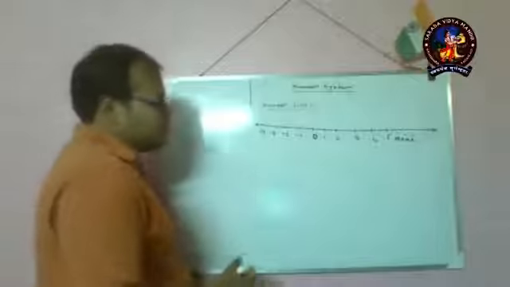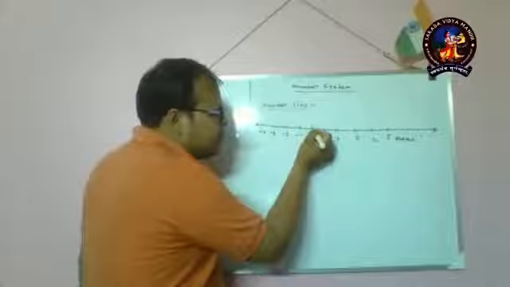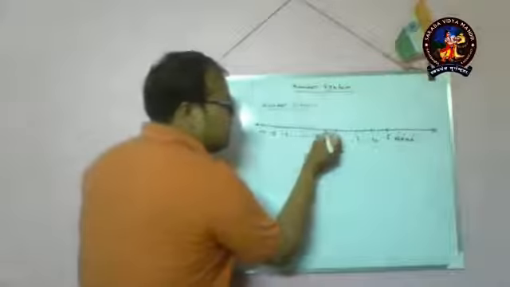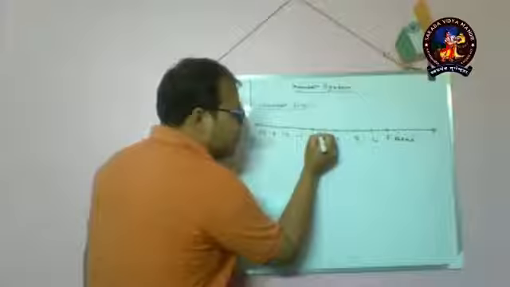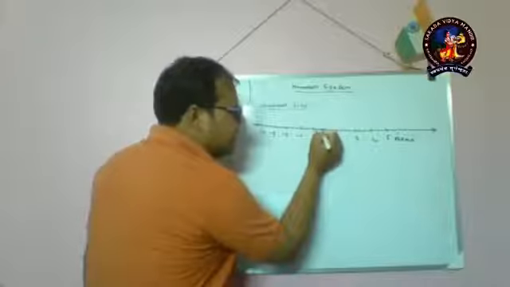And so we are now interested to know about the numbers which are there between two consecutive integers. Suppose we take 0 and 1. Between them some fractions are there, 1/2, 1/3, suppose 3/4.